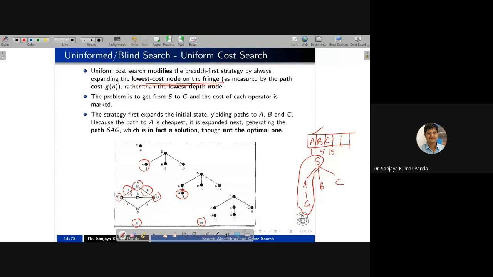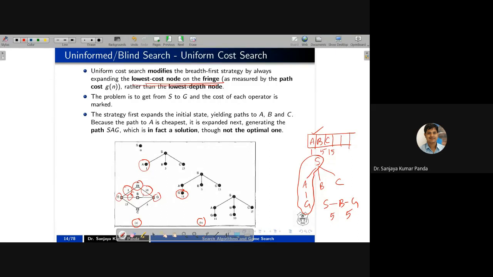But if you see carefully here, if you follow SAG as your solution, this solution is not the optimal one. Why? Because if you choose S, B, and G, S to B the cost is 5, B to G the cost is 5. So the total cost is 10, which is less in comparison to the previous one.